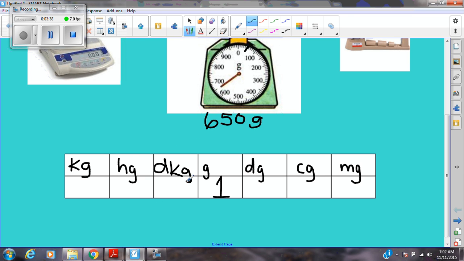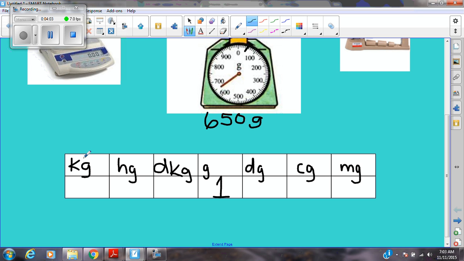You could have 100 paper clips, and that would give you the weight of a hectogram. You could have 1,000 paper clips, and that would give you the weight of a kilogram. Other things that weigh about a kilogram are a dictionary. When you look at those things, you can think about the weight of something.